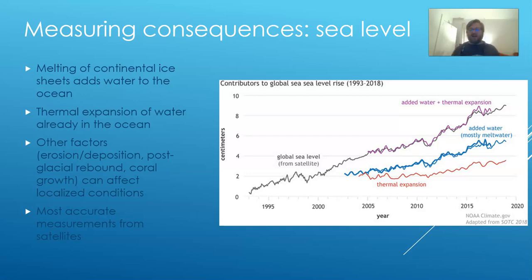You've also got coral growth in some areas. If you've got active coral reefs, they're growing, and they can be sort of lifting the land up. So you've got these other factors that have to be taken into account when you're looking at sea level rise at a particular place. But these satellite measurements of global sea level rise show pretty clear evidence of what we know to be one of the very straightforward effects of climate change.